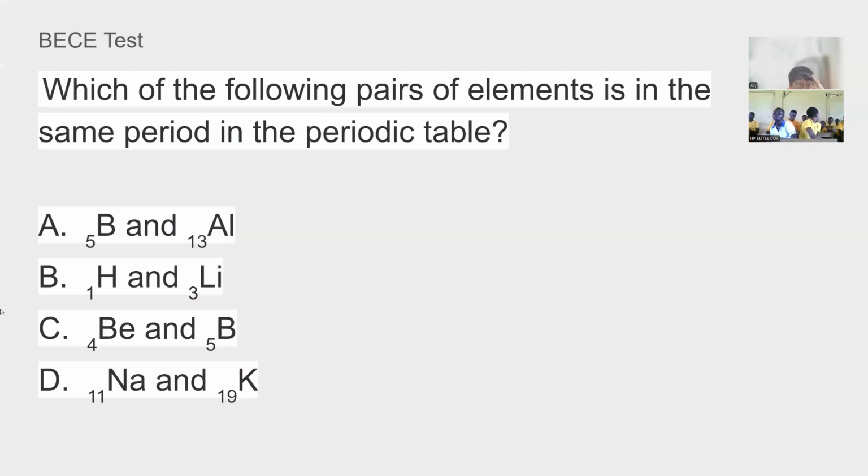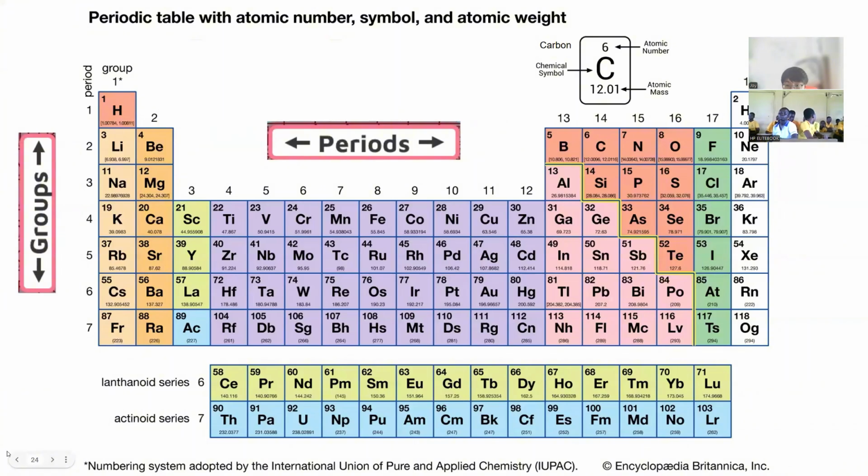So let's look at A, B and Al, boron and aluminum. Boron is here, aluminum is here. Are they in the same period? Let's see. Boron is over here, which is period 2.